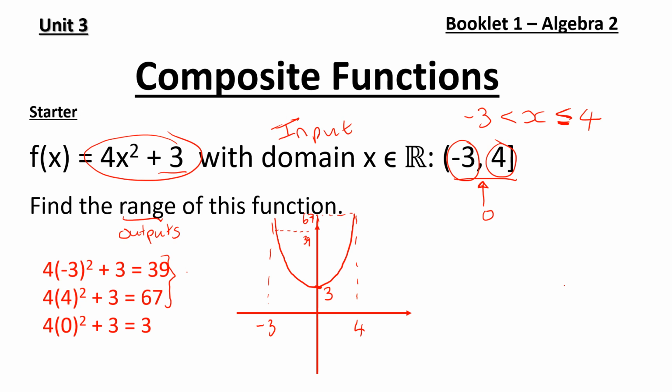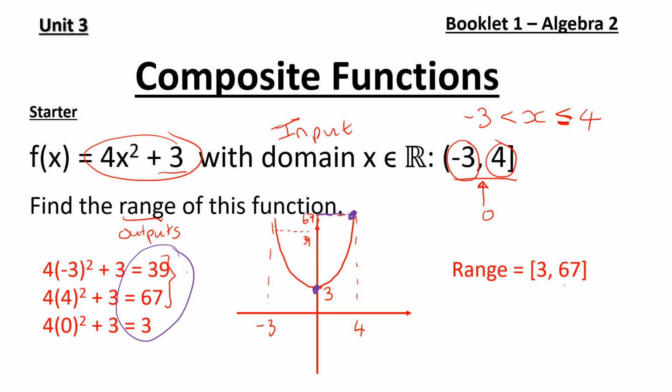Well, I can see that the lowest point it comes down the y-axis is this point here, which we know is at the number 3. And then the highest point it would reach on the y-axis would be this point here, which I know is 67. So from my picture and from my workings earlier on, I've worked out that the range of this function is from 3 up to 67.